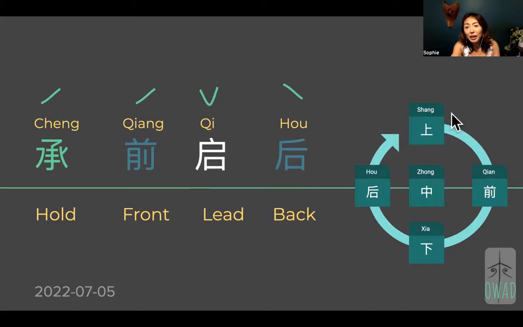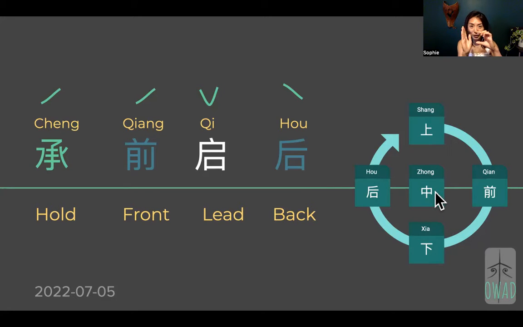So I'm placing this visual spatial sense of top and down, 上 and 下, and then you have 前 and 后. Either way, the 上, the top above you, and people in front of you are your previous generation, and then people behind you or people below you are your next generation, and you are the 中, someone right in the middle of the box.